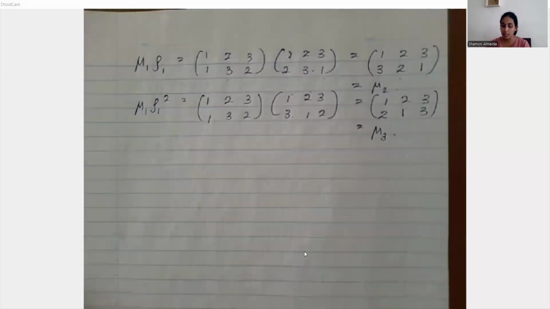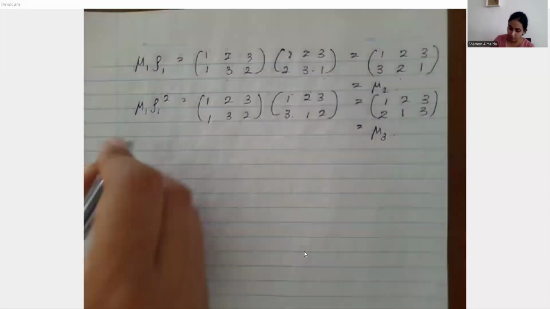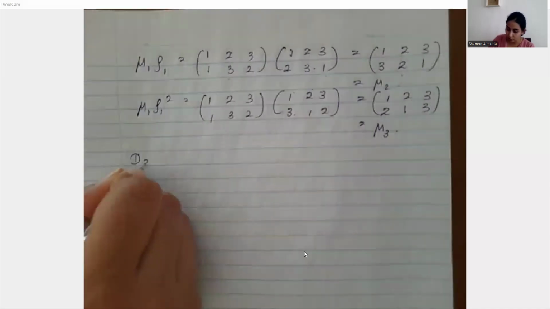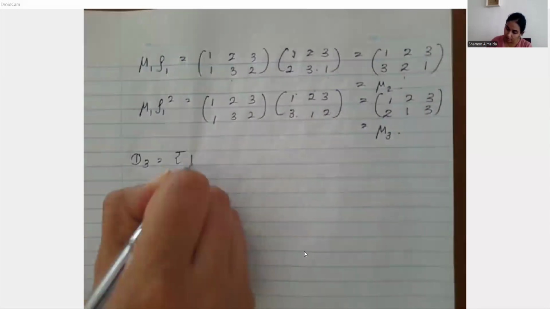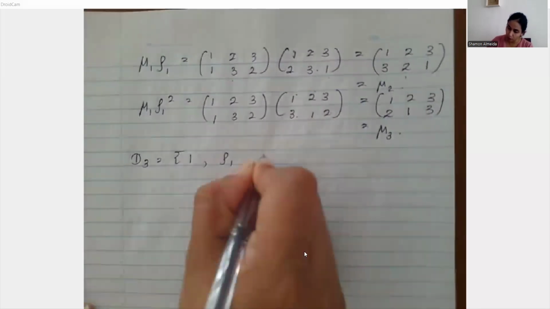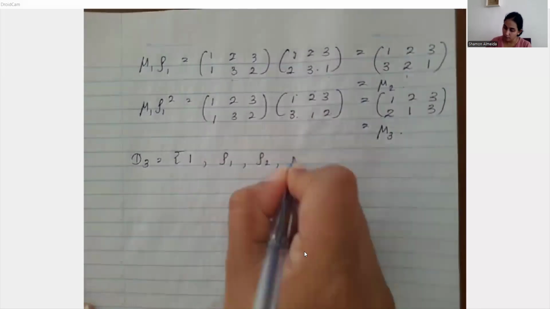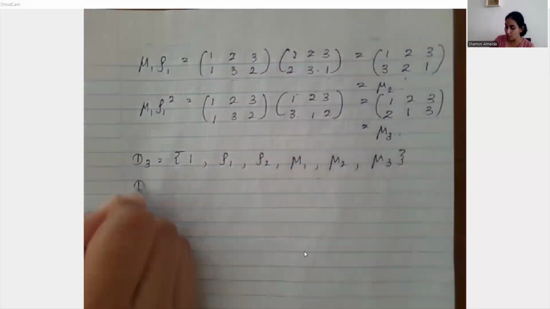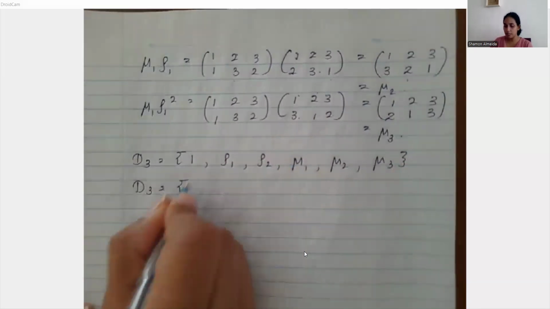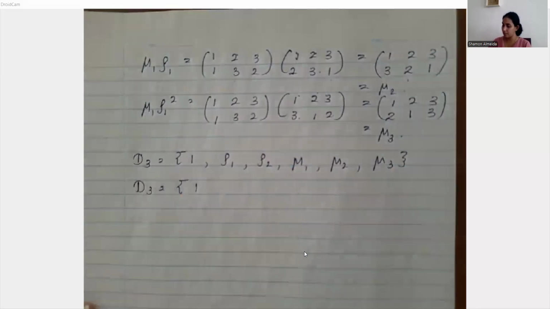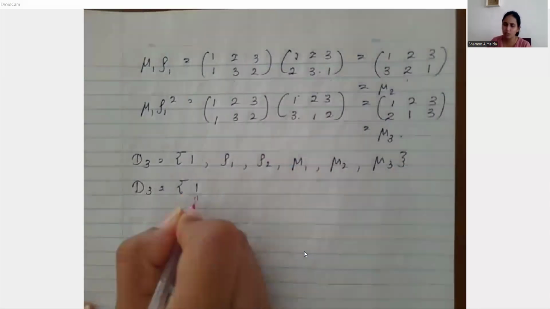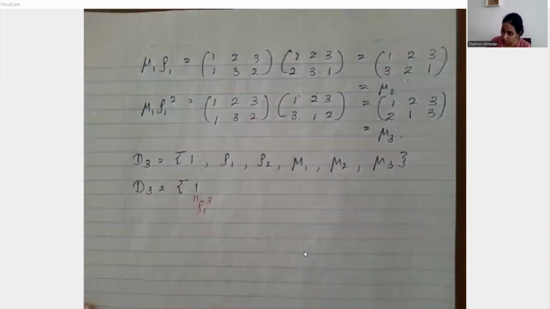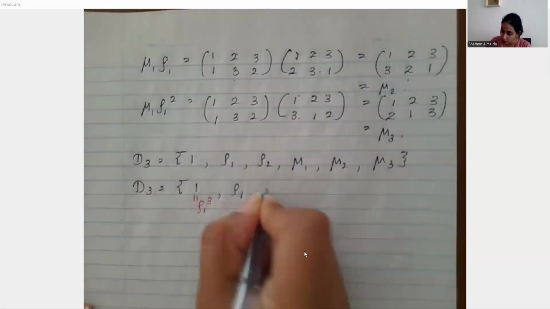Now observe once again the last element in our group. If I write out these elements, we have D3 to contain the identity, rho 1, rho 2, mu1, mu2, mu3, right? Now what I'm going to do is replace all these elements. 1, I will leave it as 1, just to denote that it's the identity. This is rho 1 cubed. So from the rotation, you get this one, rho 1 squared.